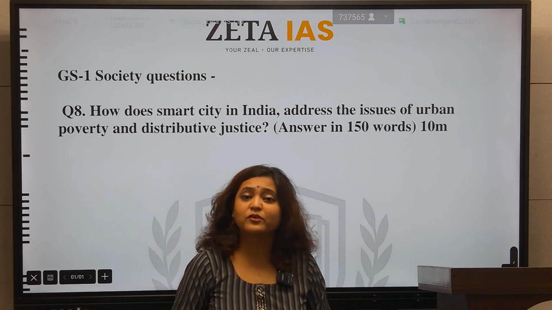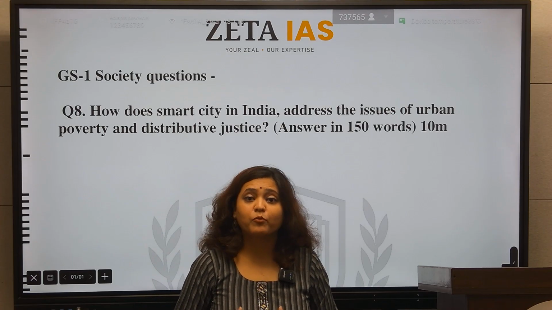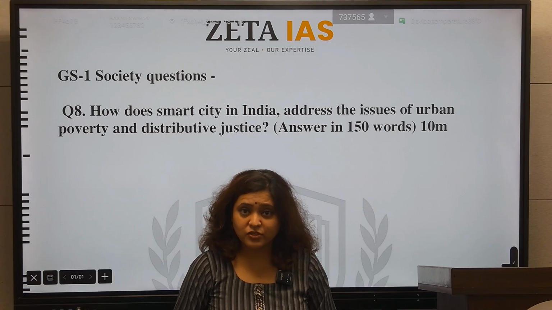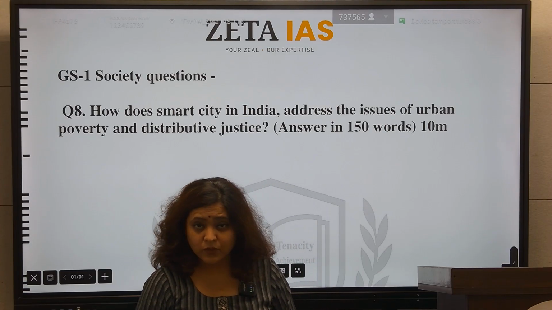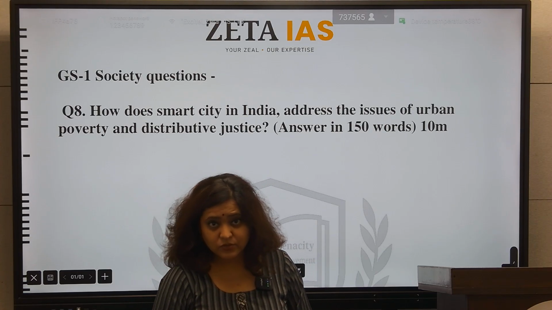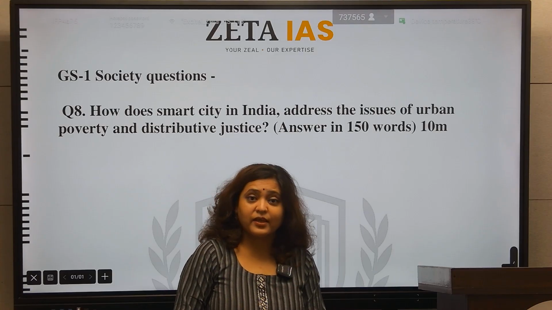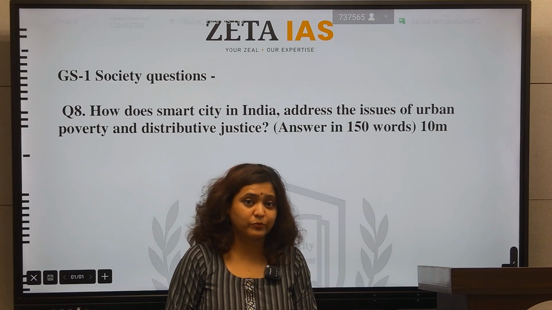There are probably no roads. Even if they have roads, there are potholes. There is no proper drainage. There is no proper supply of water. There is no sanitation. The slum areas in and around the city are one example of urban poverty.